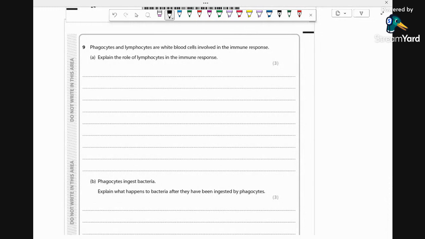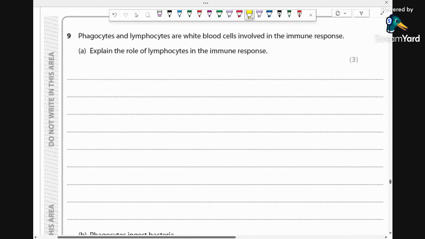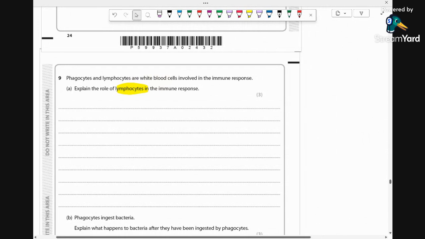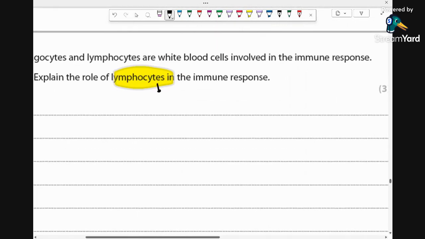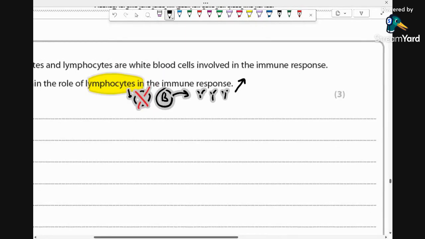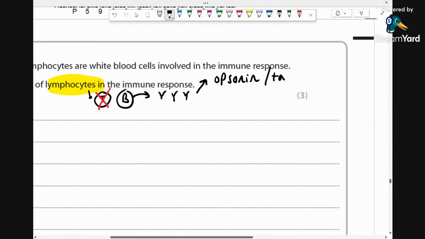Right, explain the role of lymphocytes in the immune system. So lymphocytes, you don't need to know a huge amount of detail at GCSE. You may know that these are called B and T cells. You don't need to know anything really about the T cells, but you do need to know that B cells produce antibodies that look like this. And you need to know that antibodies do 3 things. They opsonize, so they act as opsonins, so they essentially tag pathogens.